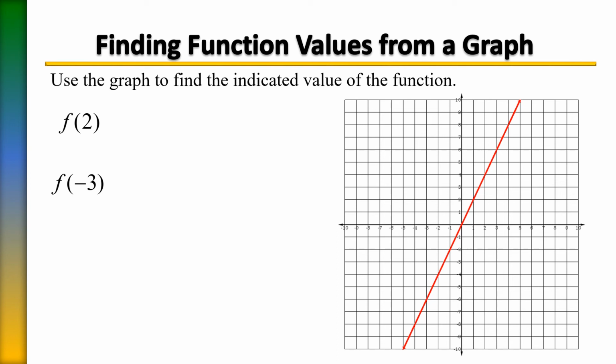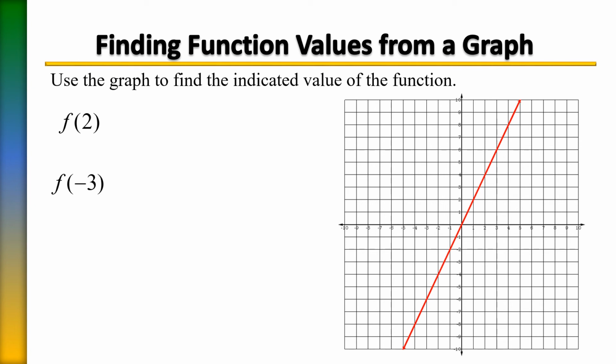So let's go on the graph, and I'm going to start first by plotting my x value. If it's 2, I need to go over 2. So 1, 2. Now I am not on the graph. I want to position myself on the graph. So to get there, I need to go up 1, 2, 3, 4.